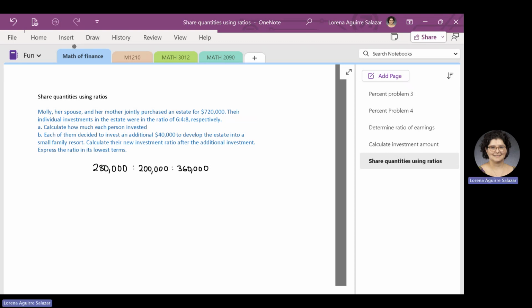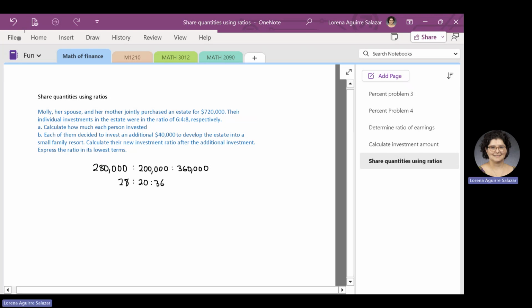And to express this ratio in its lowest terms, we divide each term of the ratio by common factors. Here we can see that 10,000 is a factor of each of those terms. So we can reduce this ratio to 28 to 20 to 36.